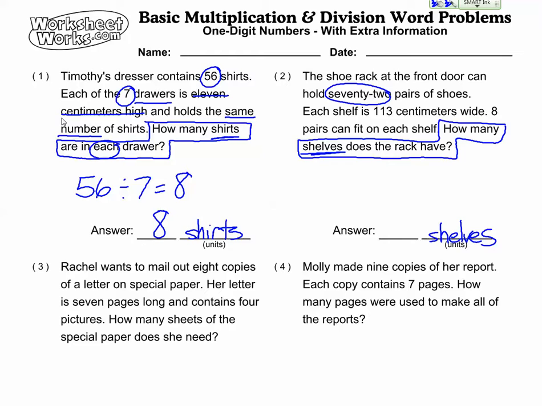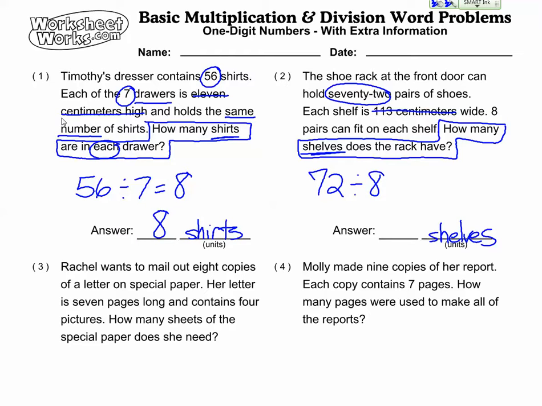Do we need to know the width of the shelf to determine how many shelves it has? I don't think that's important, so eliminate that. We do know that 8 pairs can fit on each shelf. So Panthers, once again, we have 72 pairs of shoes. We're going to distribute them evenly; we can put 8 pairs of shoes on each shelf.